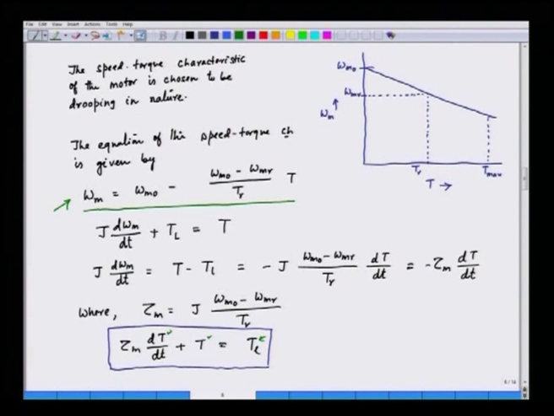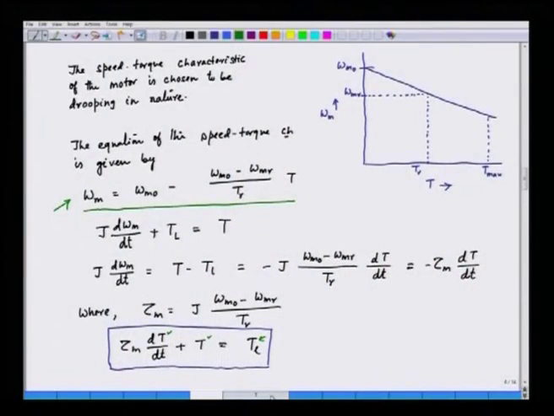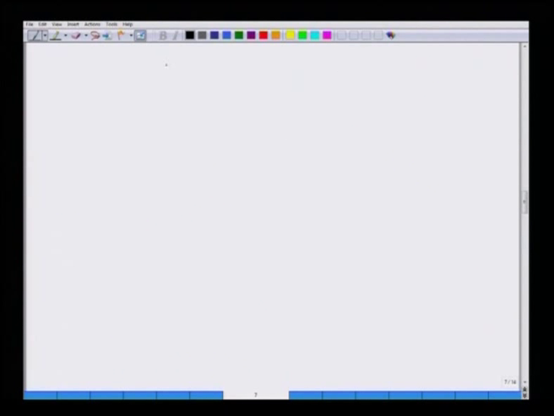This is the equation that we have, tau m dT by dt plus T is equal to T L, and the solution of this equation will give exactly the same thing that we have seen. So, we have a high load region and a low load region, and this basically repeats.